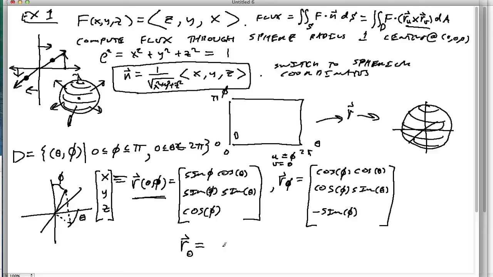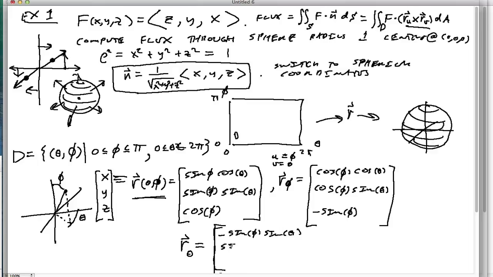Okay, R theta, let's give ourselves enough space here, will be, we have to take the derivative, this will be negative sine phi sine theta.